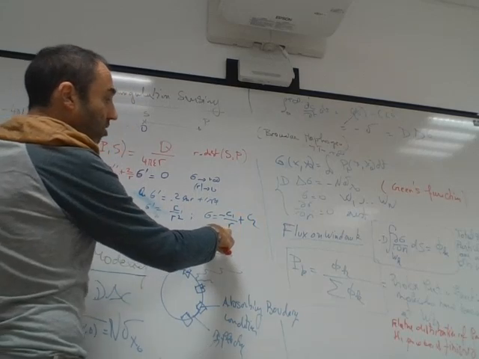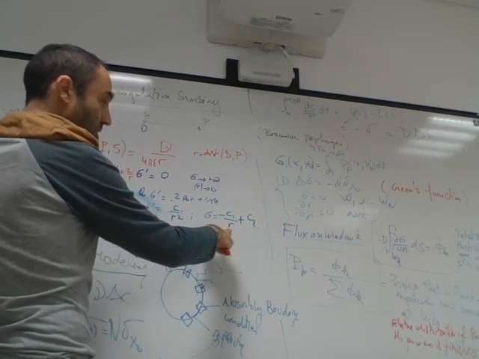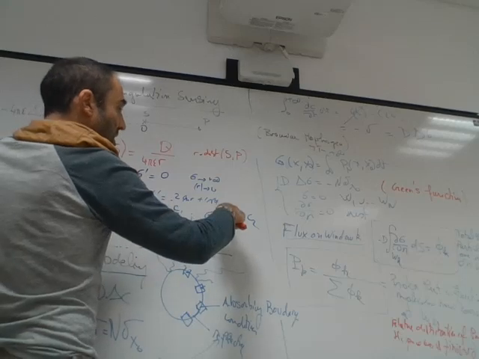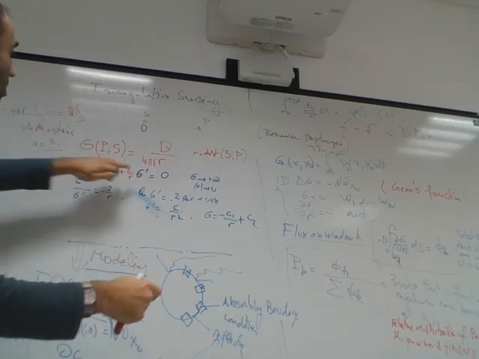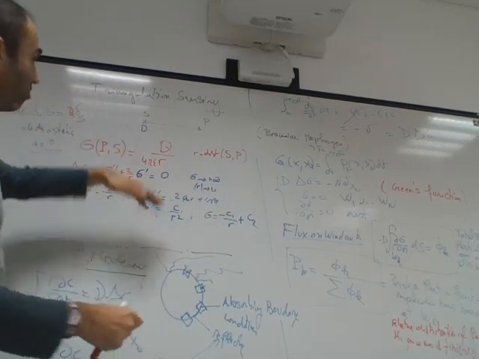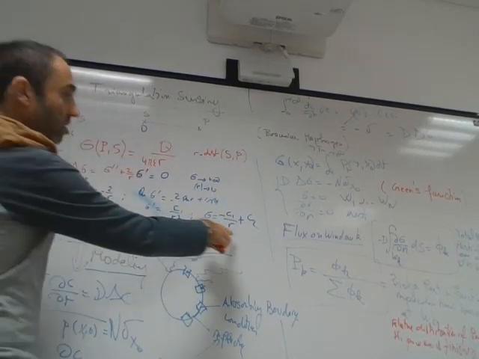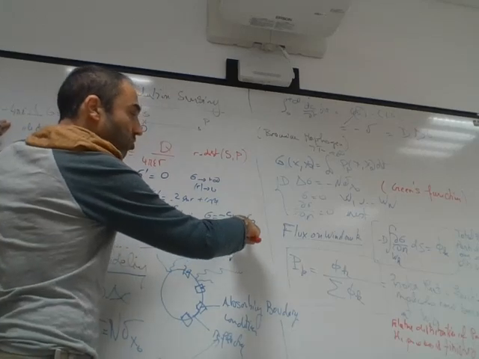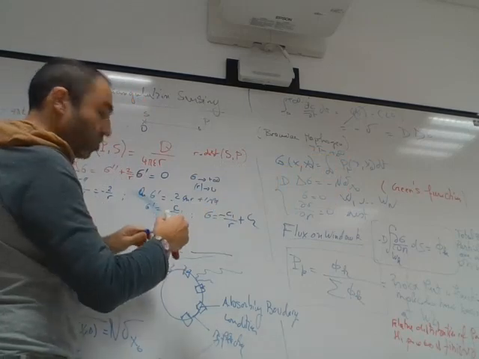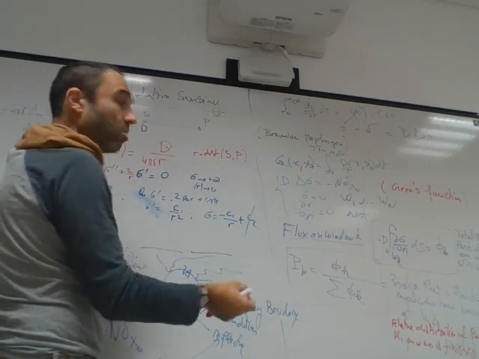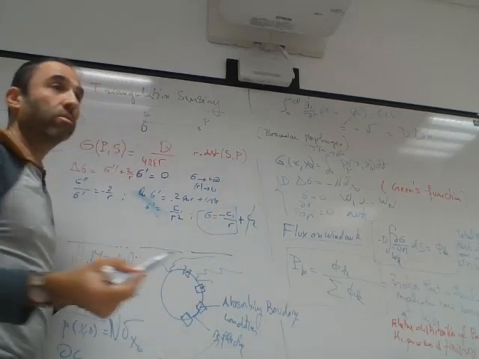When R goes to 0, it has to go to infinity, which is fine. C1 can be adjusted by integrating to match the constant. And at infinity, C2 is 0, because I want the Green's function to go to 0. That's how you get your solution.